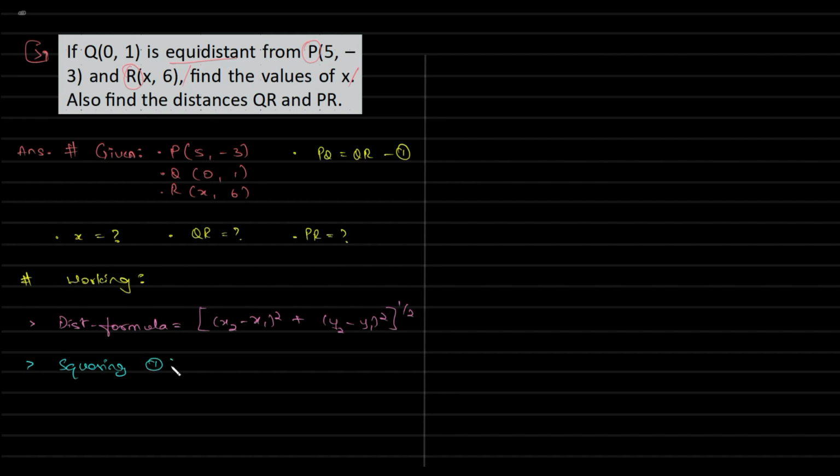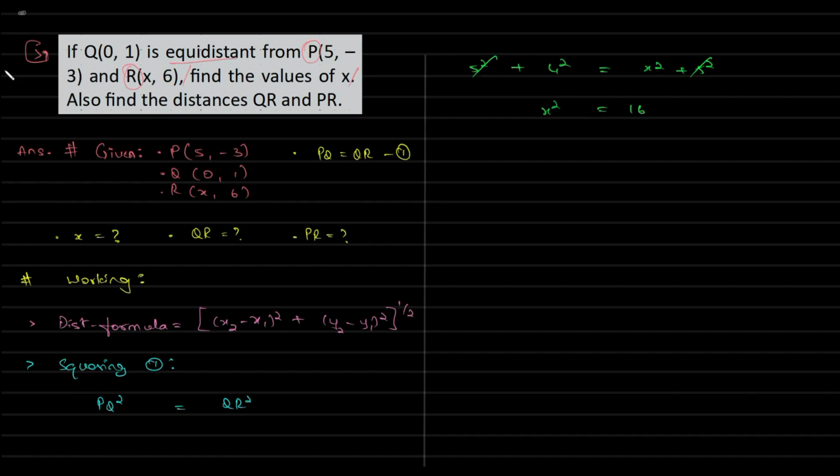Squaring 1, we have PQ square is equal to QR square. So PQ is 5 minus 0, that is 5 square, plus 4 square, is equal to, this will be x square plus 5 square. So 5 square gets cancelled, and we have x square being equal to 16.